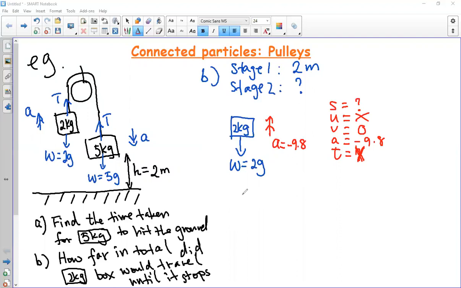Right. So SUVAT. At that time, it traveled 2 meters. u was 0. We're looking for v now. I don't really remember what we said before. g is 9.8. The time we worked out before is 1.57.